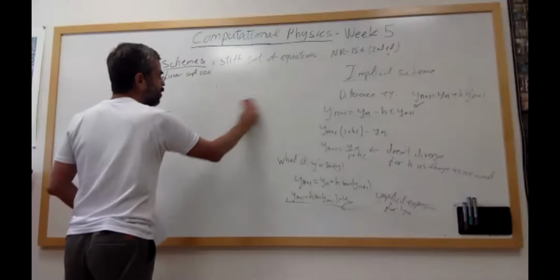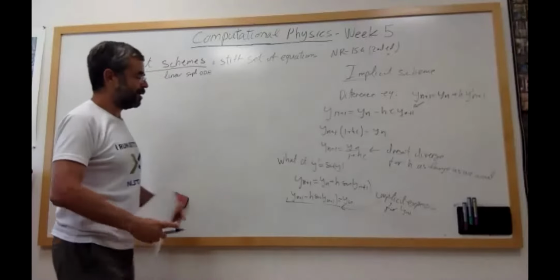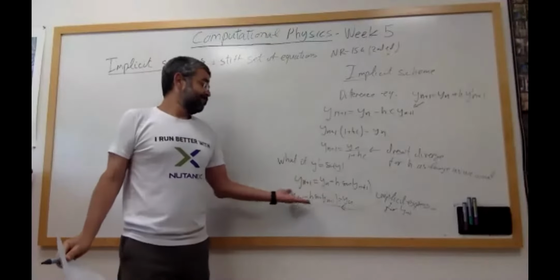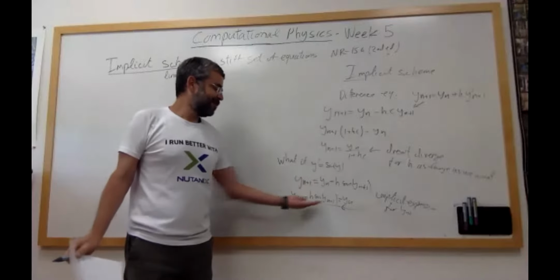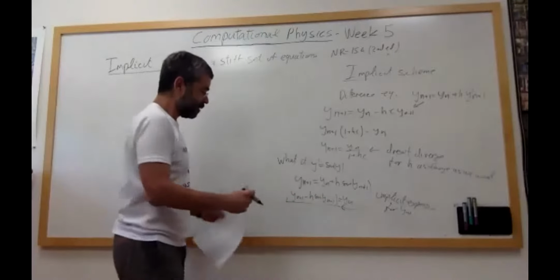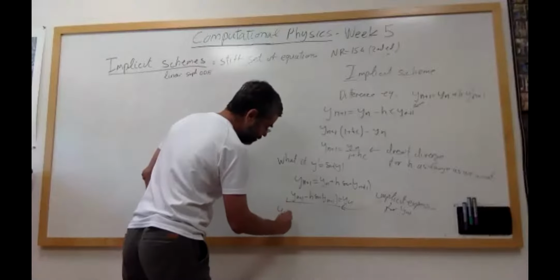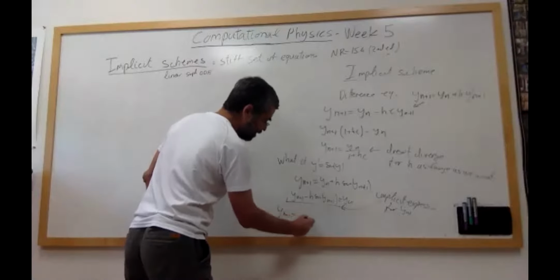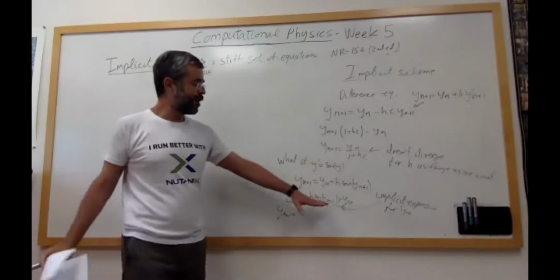So you write the code, and in your code, you have this line where you now need to find yn plus 1 equals something based on this.